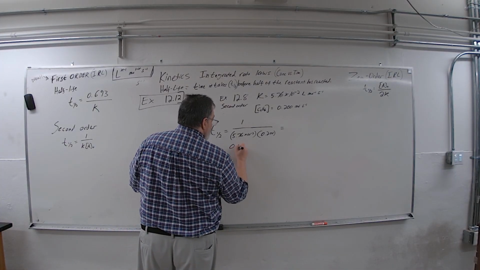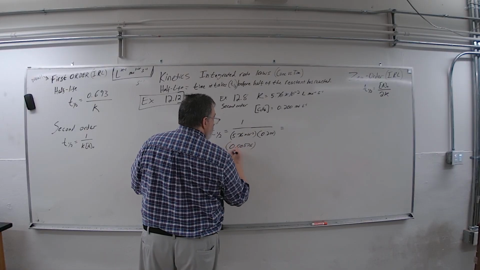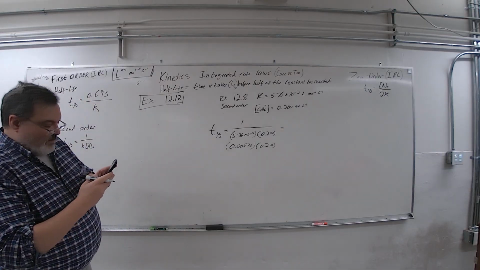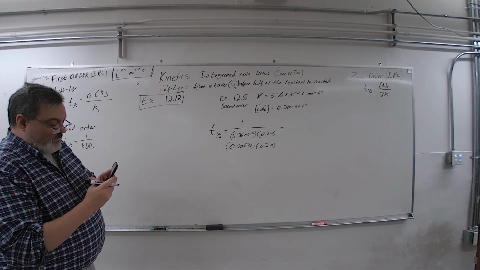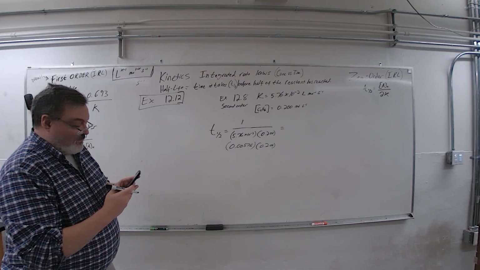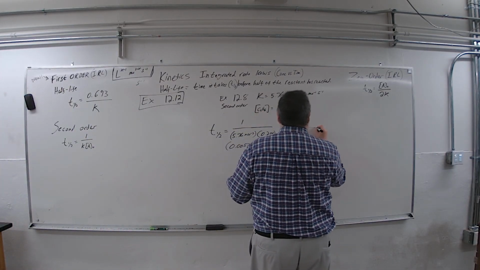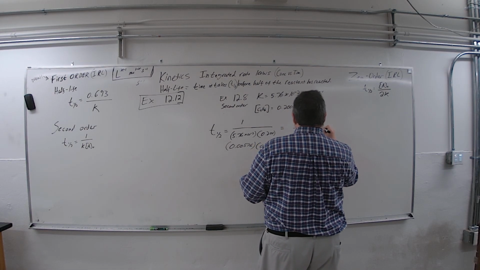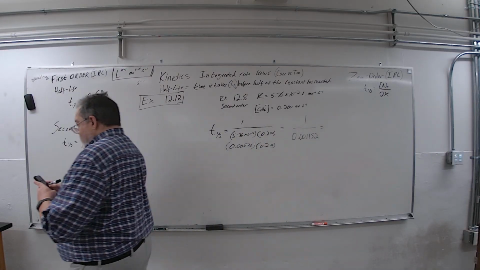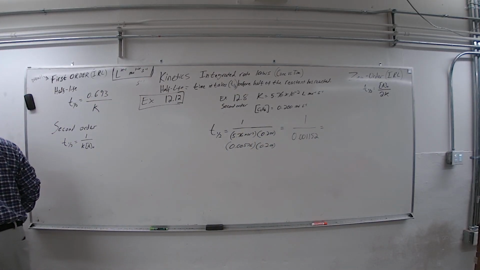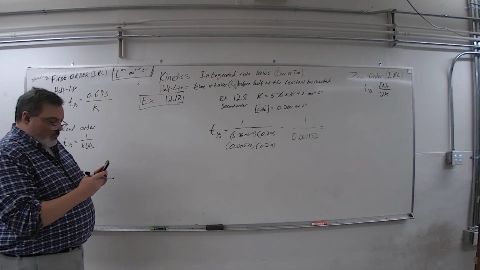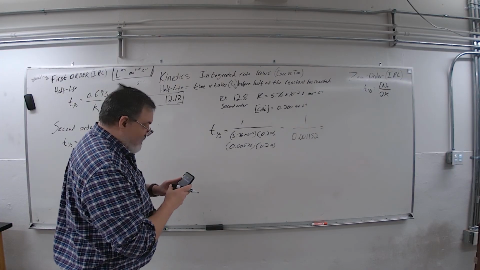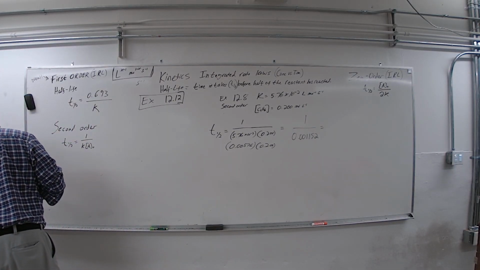Just for the sake of my calculator, I'm going to do this again. 5.76 times 0.200, and I get 1 over 0.001152. I didn't get the same thing they did.